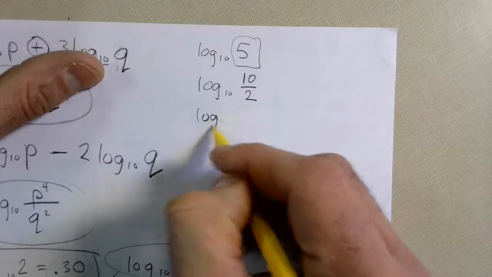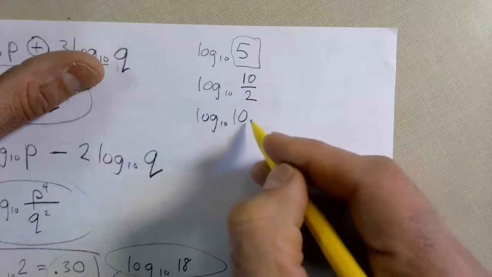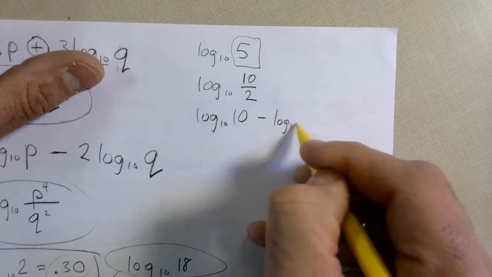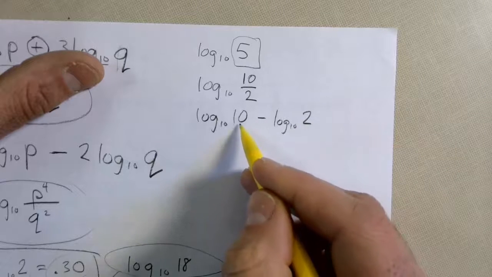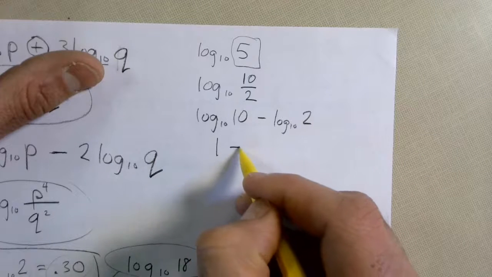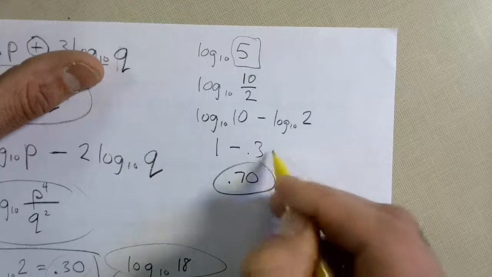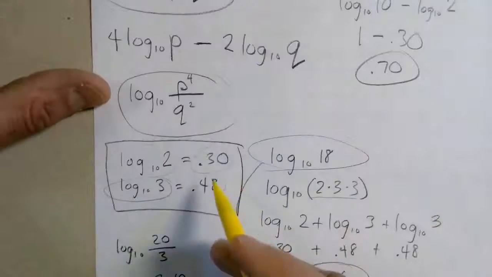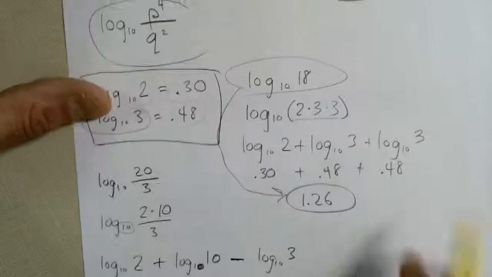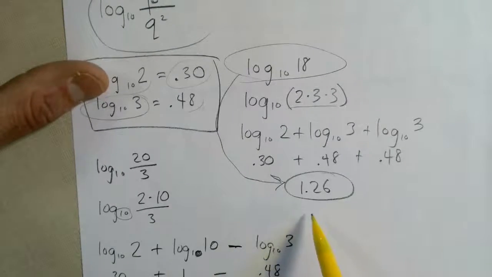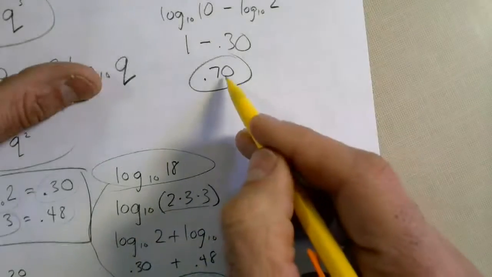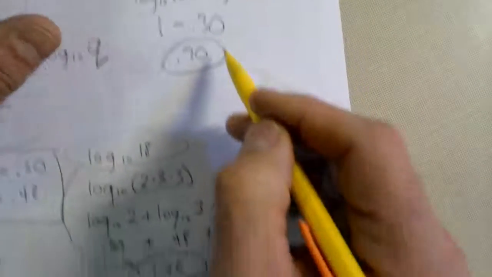And so then it just becomes a matter of log base 10 of 10 minus log base 10 of 2. That's 1 minus 0.3. The answer is 0.70. They gave us our numbers to 2 decimals, so we need to keep everything in terms of those 2 decimal places. Okay, one more.